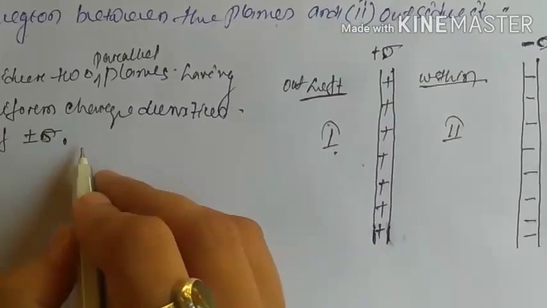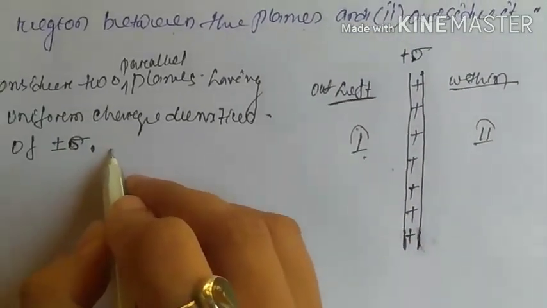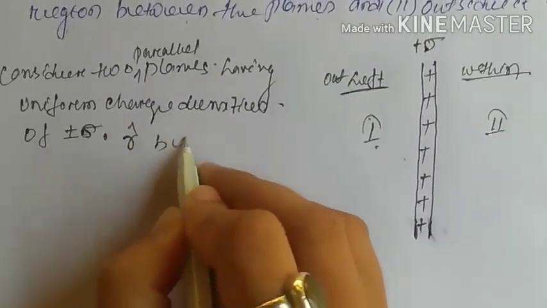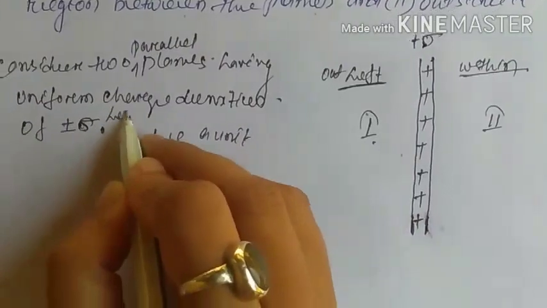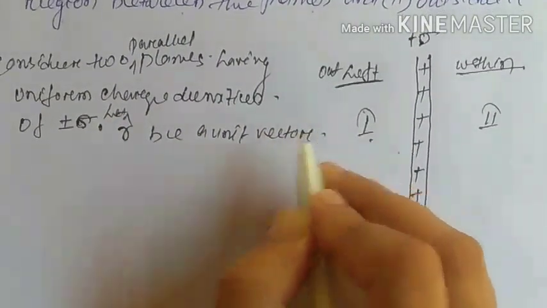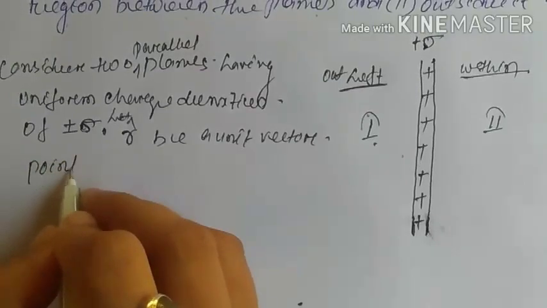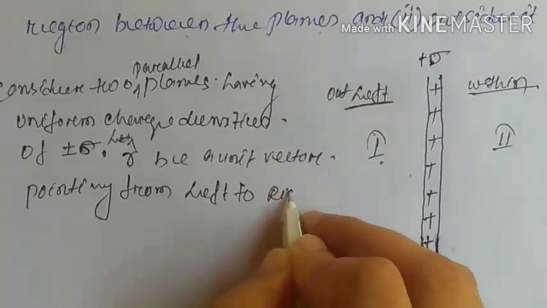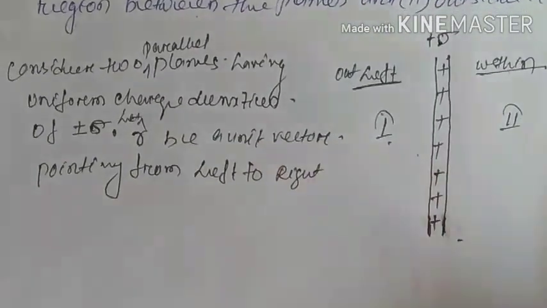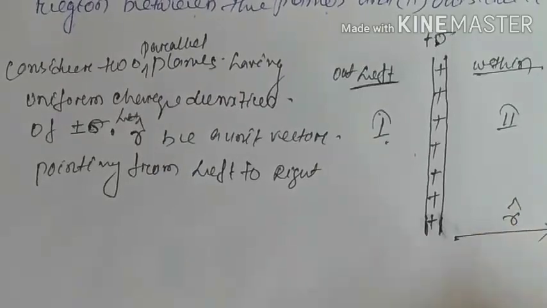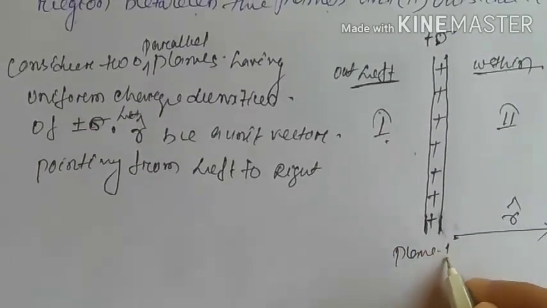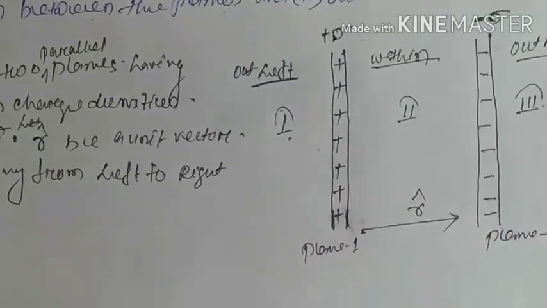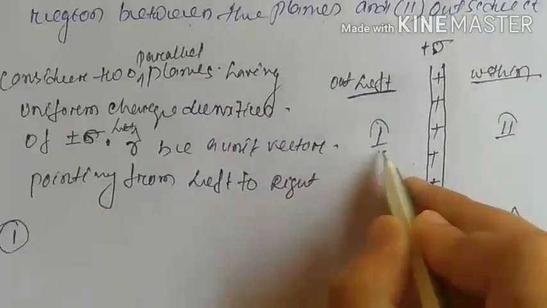In the previous one also you can include it similarly. So we can write, let r cap be a unit vector pointing from left to right, in this direction. This is plane 1, this is plane 2, right? Now we will calculate one by one for each region.